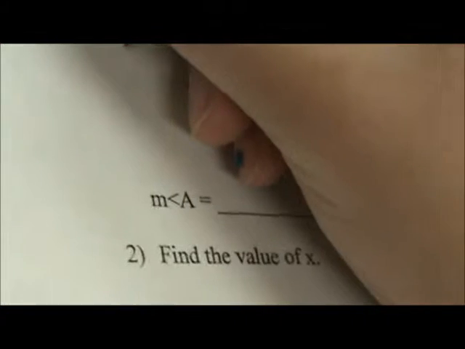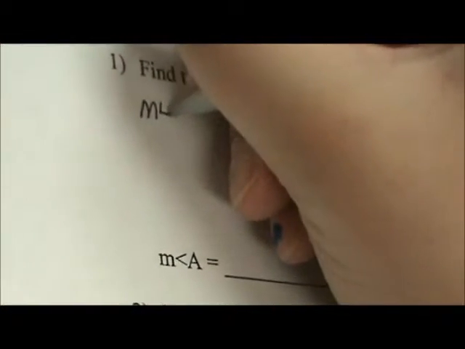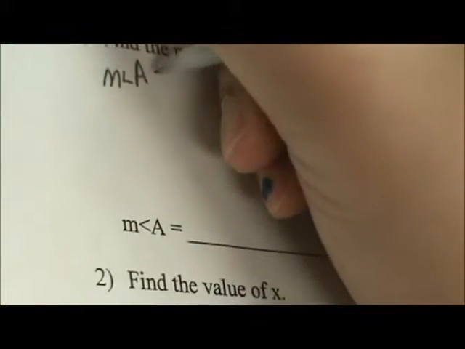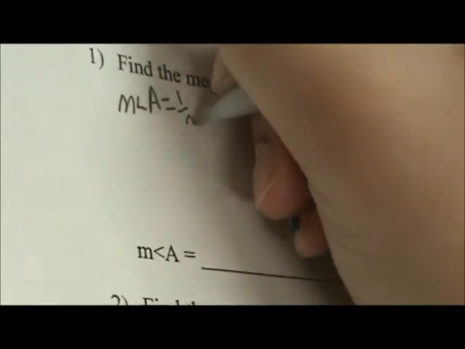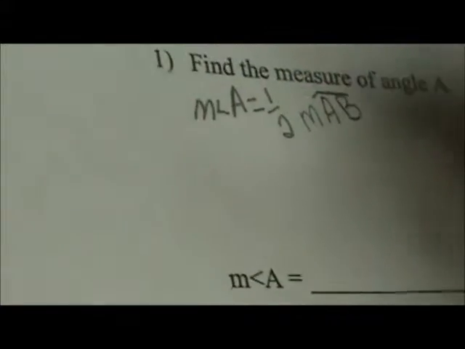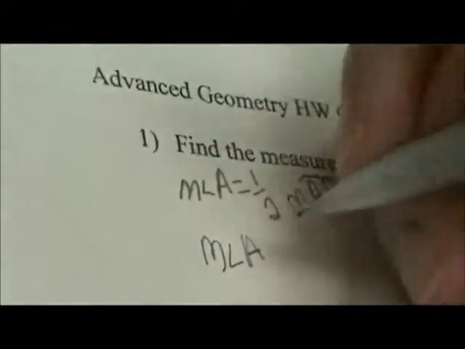Well, we know that the formula is going to be the measure of angle A is equal to half the measure of arc AB. In the picture, it shows that 122 is the measure of arc AB.